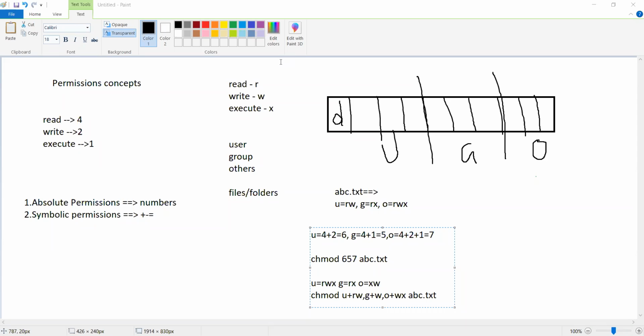Before that, did anyone get a chance to create the AWS free tier account, guys? Anyone tried, even just an attempt? Sir, I have tried.